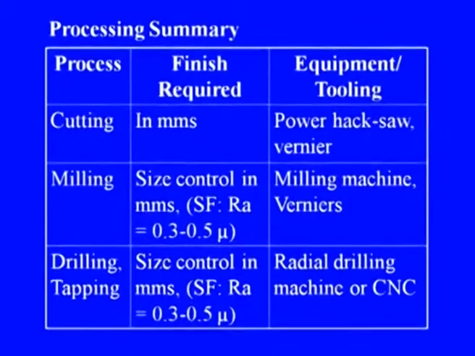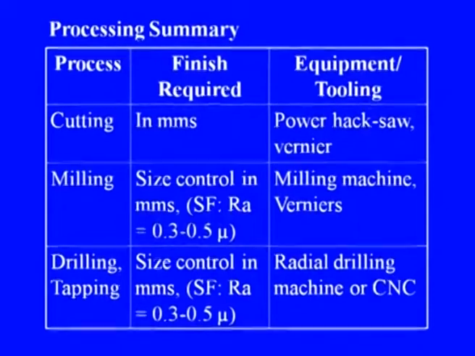Similarly, in milling, size control should be in millimeters, where a surface roughness in the order of 0.3 to 0.5 micrometer of Ra values will be maintained, and the equipment or tooling requirement will be milling machine and verniers.